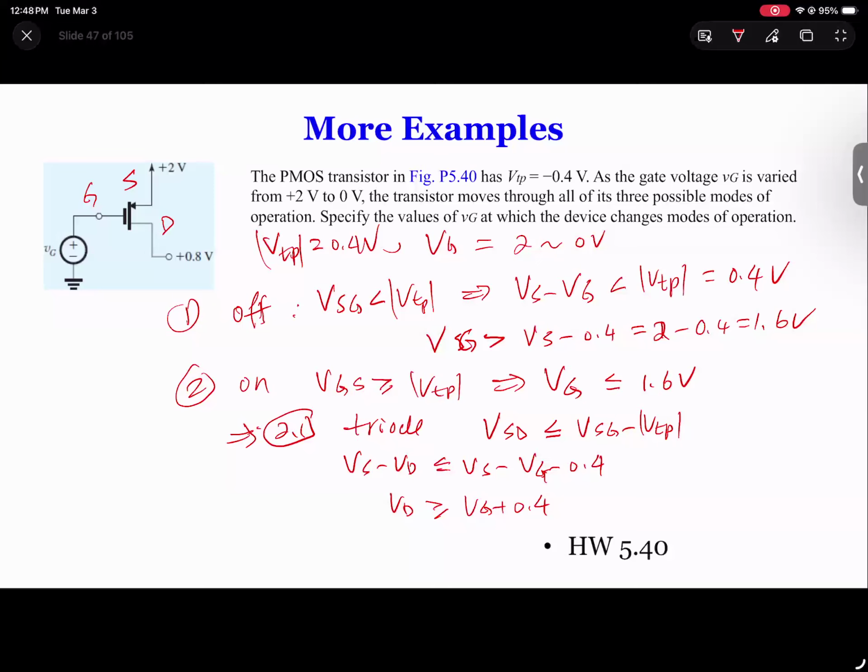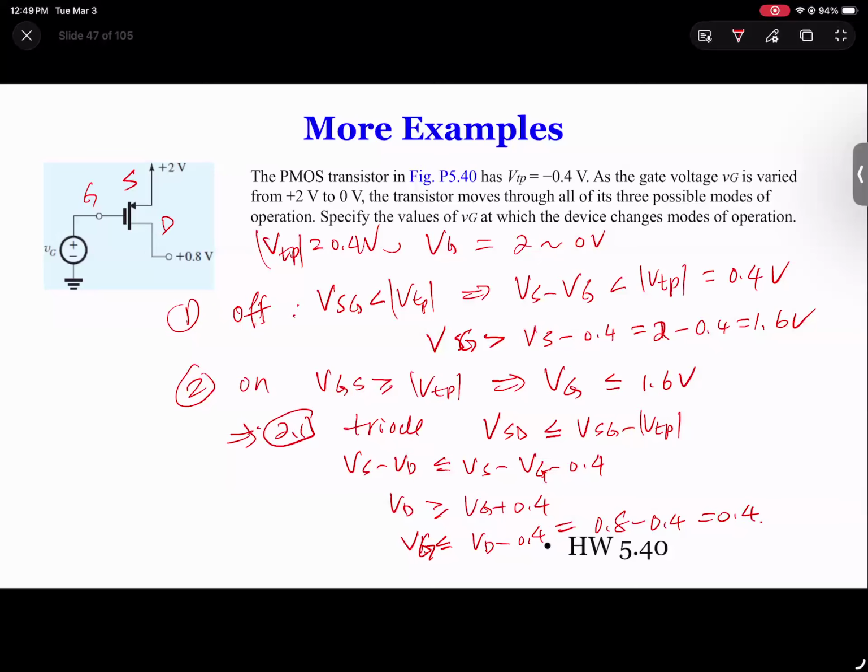Now, actually, if you look at here, VD is given at what? 0.8, right? So VD is given, which means VG is not given. So what we need to do is to find VG. So VG will be less than VD minus 0.4. And VD is given at 0.8 minus 0.4. So it's 0.4.